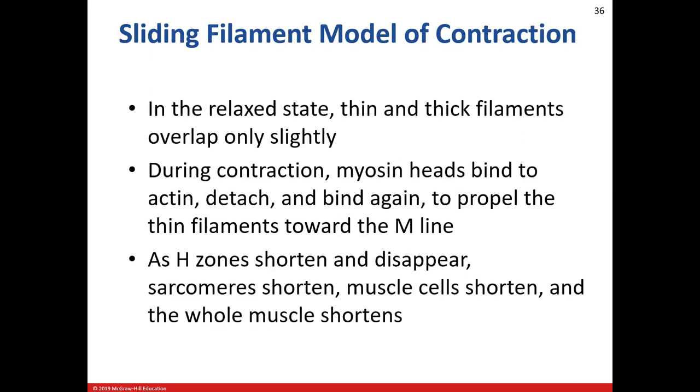And so they do this repeatedly, as essentially what they're doing is they are pulling and propelling the thin filaments towards that M line, therefore shortening that particular sarcomere. And so therefore then as the H zones shorten and disappear, the sarcomere shortens, the muscle cells shorten, and the whole muscle shortens.